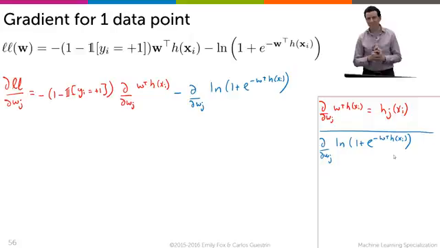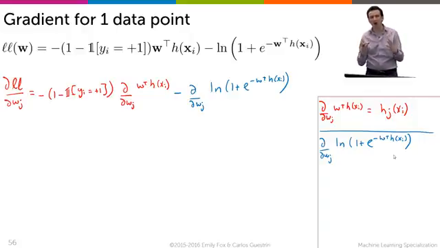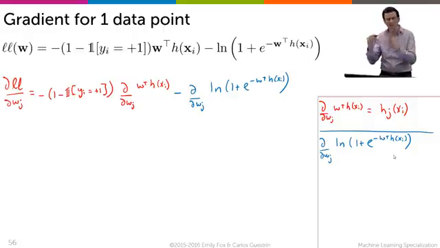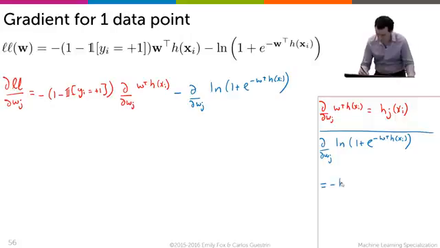Now, let me warn you that deriving this takes many steps, and I'm not going to go through all of them. You have to use the fact that the derivative of the log of some function is the derivative of that function divided by that function. It's like a bunch of different math steps that you may not remember. I'm just going to push out what the result is. And the result is minus hj of xi.